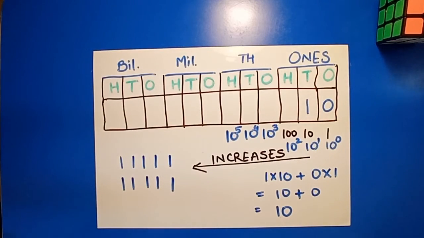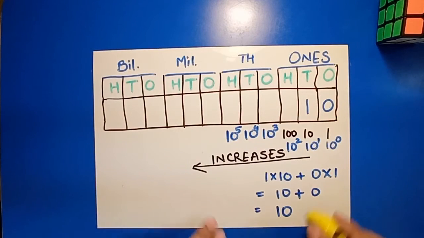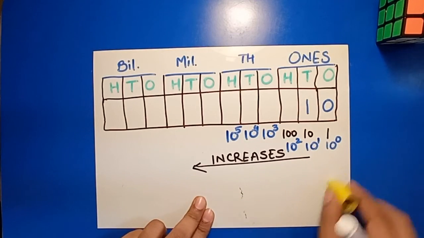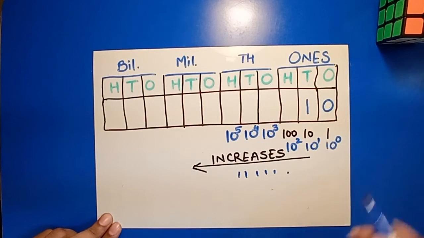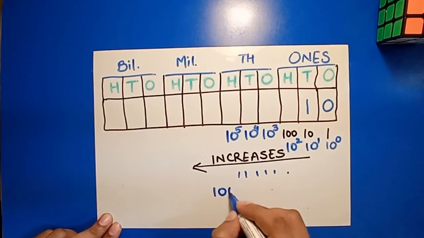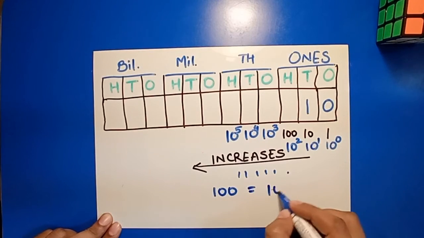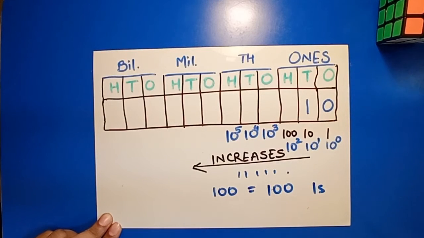To take it further ahead, let's take another example to understand this concept. It's important. Let's talk about 100. If I keep writing 1 a hundred times, what will I get? 100 is equal to 100 ones. Correct?